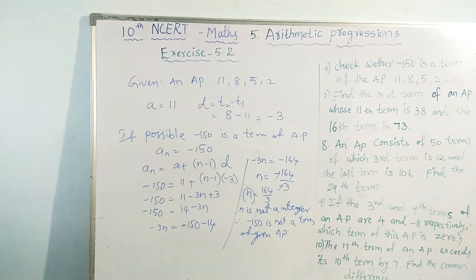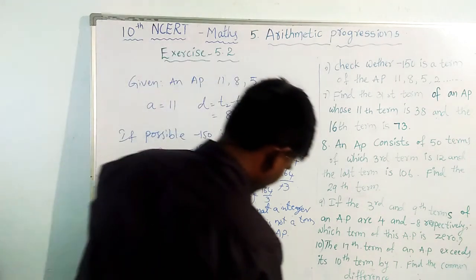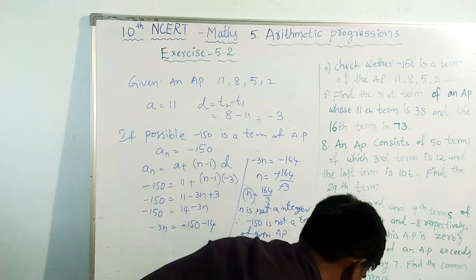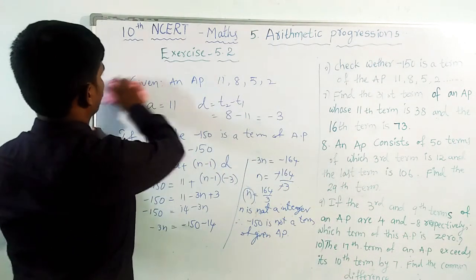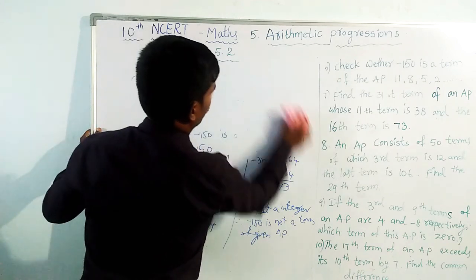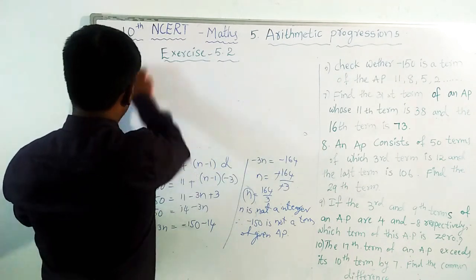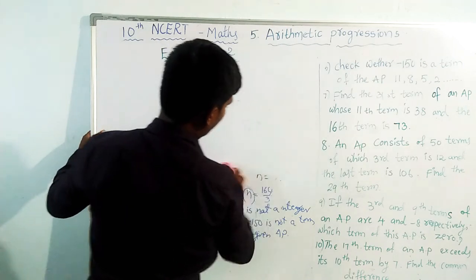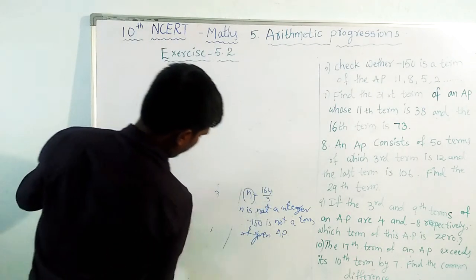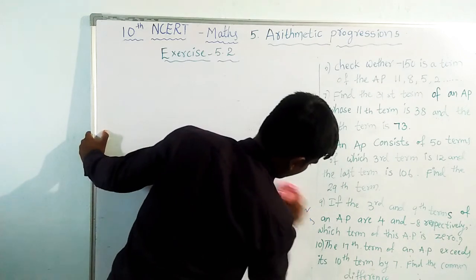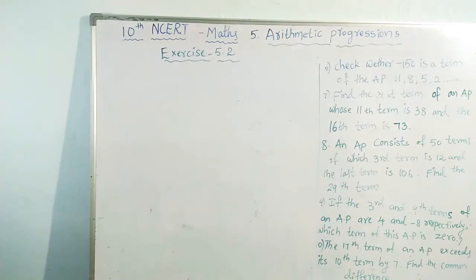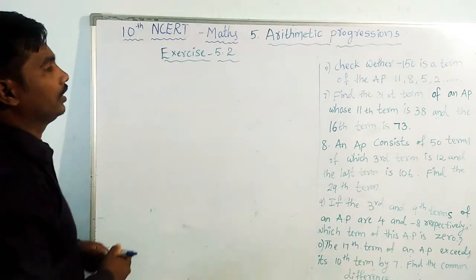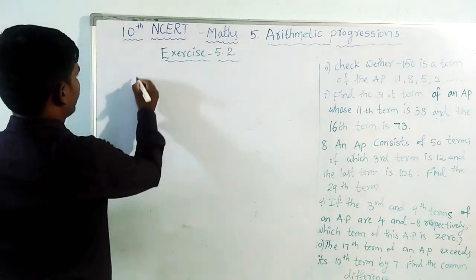Find the 31st term of an AP whose 11th term is 38 and 16th term is 73. We have to find the 31st term.